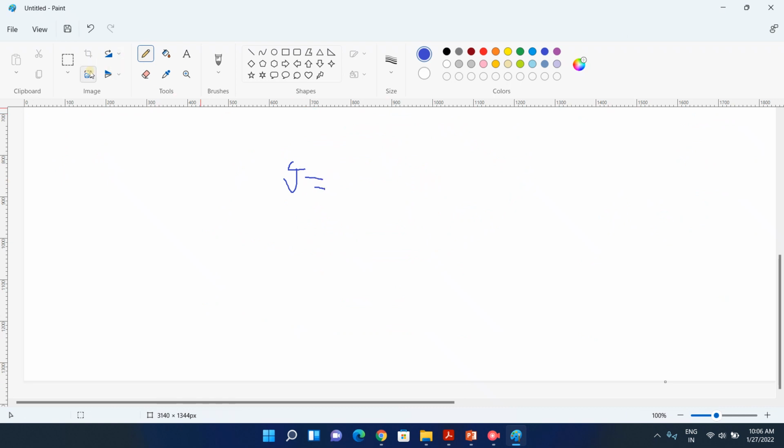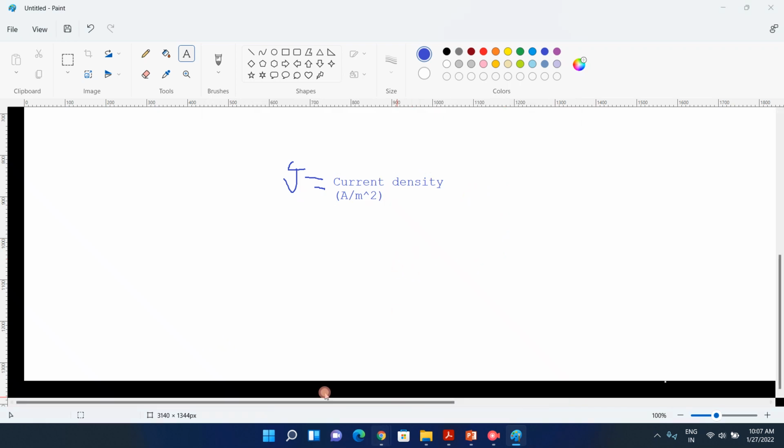Let me write over here: J is nothing but the current density, and it is measured in ampere per meter square.